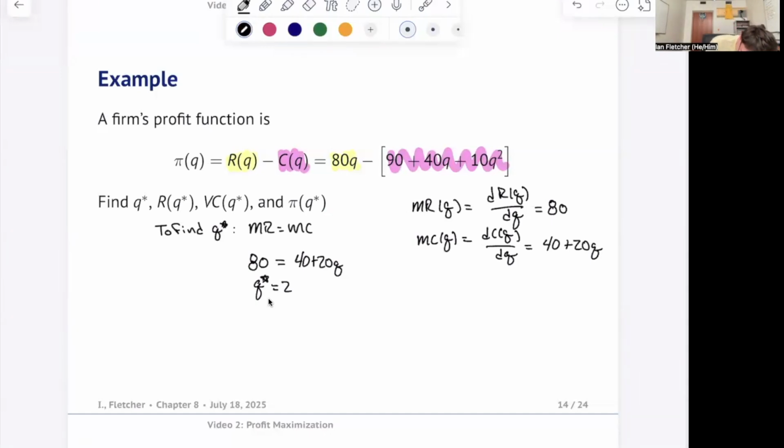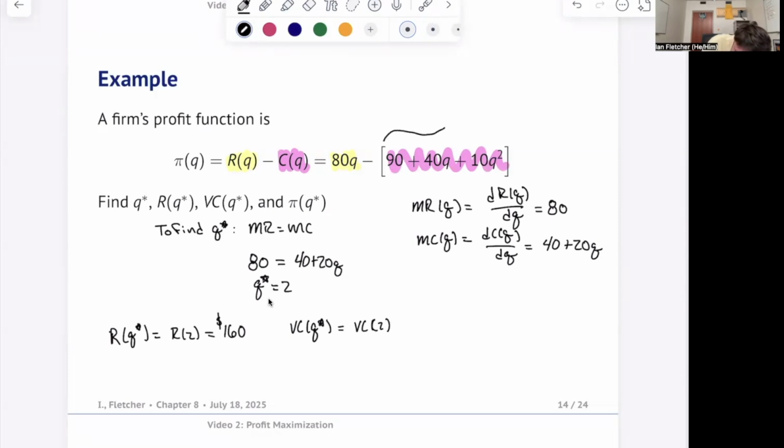So throwing this back into the revenue function, R of Q star is equal to R of 2, which we said was $160. Then our variable costs of Q star is going to be our variable costs of 2.